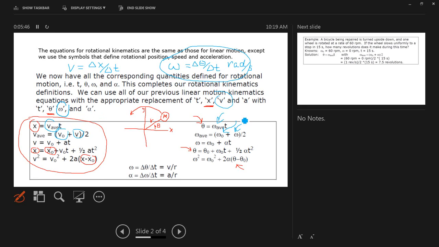So the last thing we need to convert is the acceleration a. We're going to convert that into the symbol alpha.